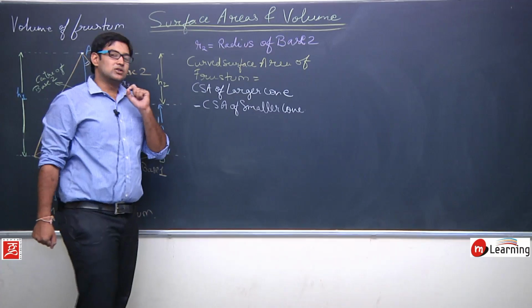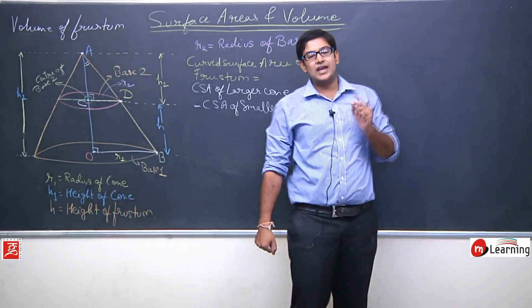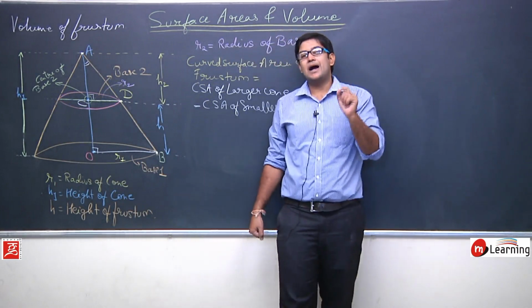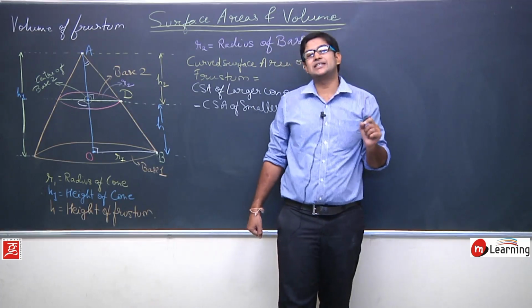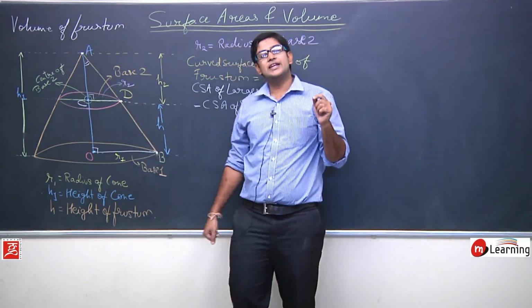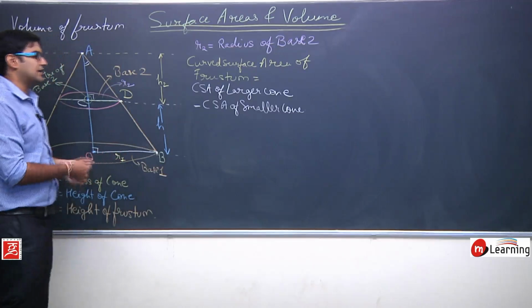Now, as you know that in case of a cone, we have the curved surface area defined as pi r L, where L represents the slant height. So in this case also we need to introduce one more terminology, that is slant height.